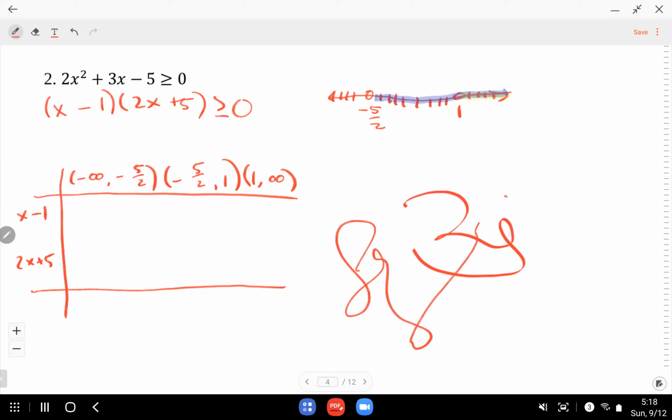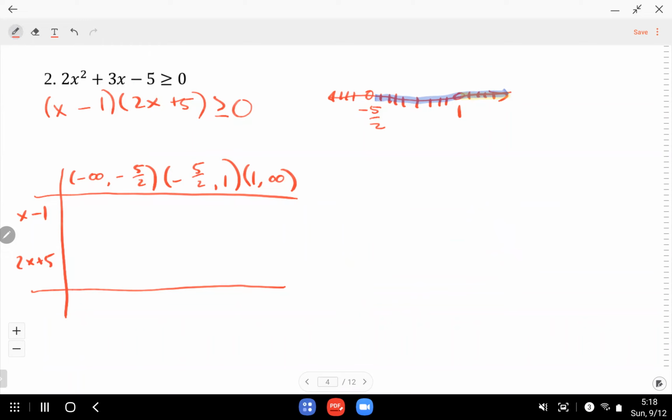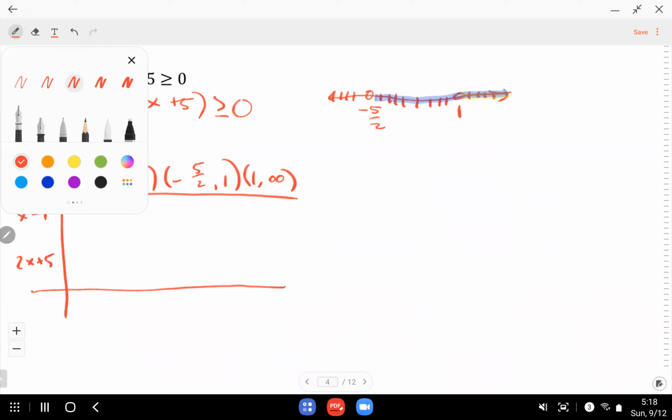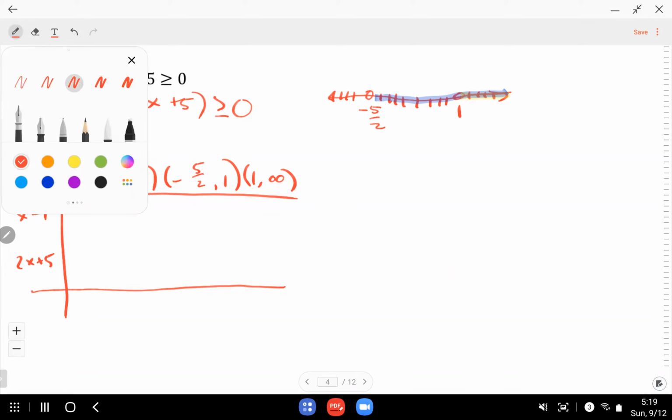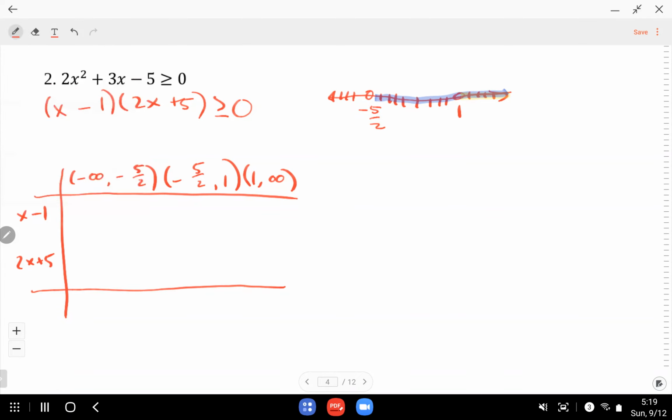This looks weird. Let me just use this one. Hold on, I'm trying to find the correct pencil. Oh well, let's just use this one.